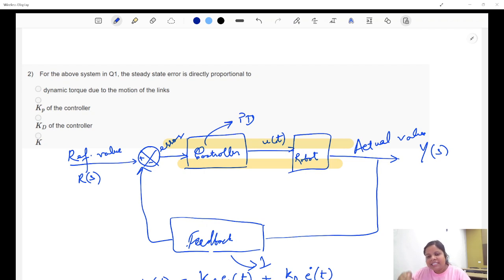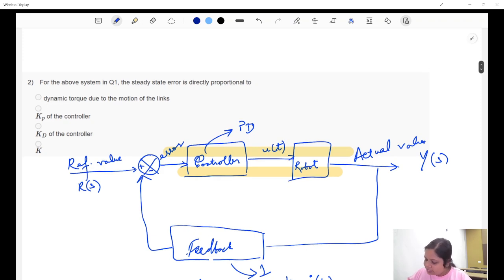So the steady state error depends on how much torque is needed to balance the motion induced dynamics. A PD controller can't compensate perfectly for this. So steady state error will come due to dynamic torque, because if there is motion in the link, we are going to have some error and it cannot be compensated by the PD controller.